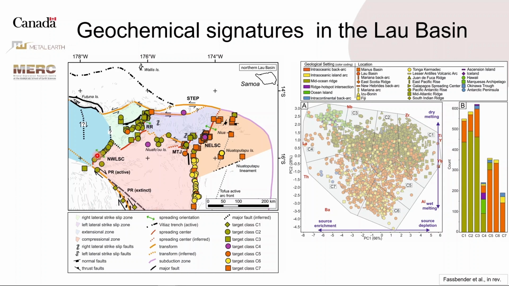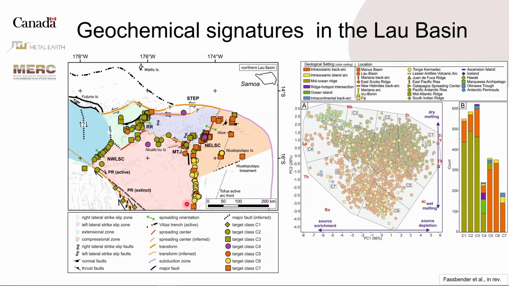Then we have samples from the NWLSC and the RR that Marc mentioned before, and those samples have normal MORB towards enriched MORB-like geochemical signatures, which is also expected because we have seen from Marc that there's the Samoa mantle plume up in the north here, so an enriched mantle source, which affects the whole northern Lau Basin by enriched mantle components, including the NWLSC and the RR.